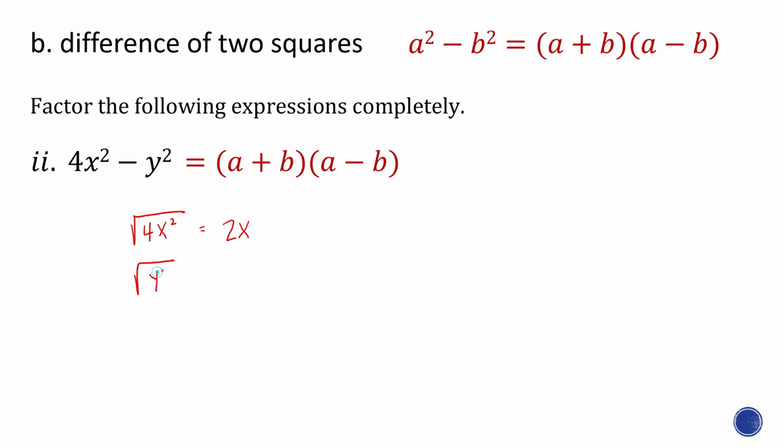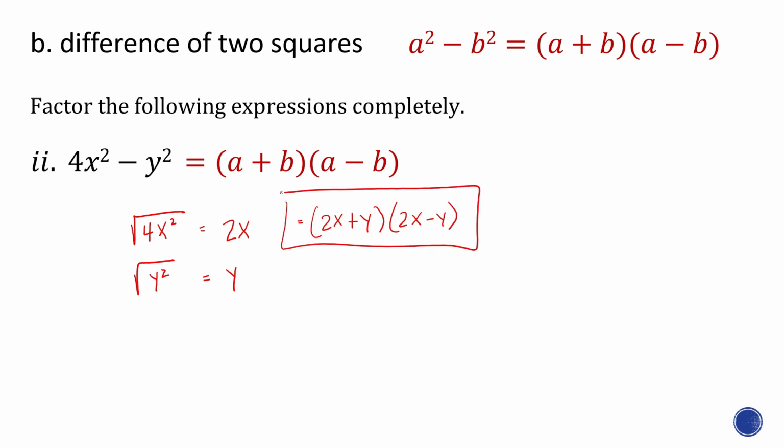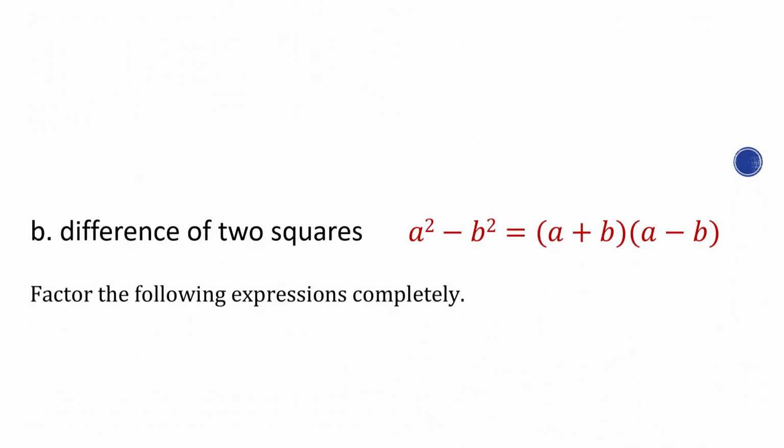Now for the y squared, again, divide the exponent by 2, and that gives you 1. So that's y. Now we have an a and a b. Substitute those terms to the respective variable. So the final answer here is 2x plus y times 2x minus y. Alrighty? Okay, let's go to the third example.